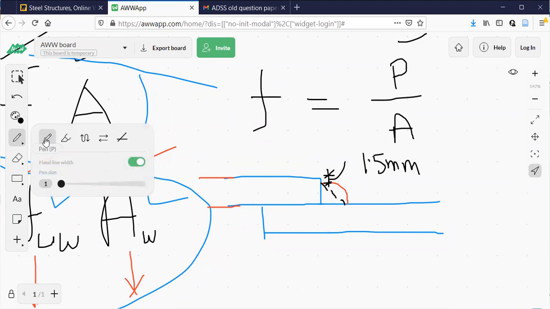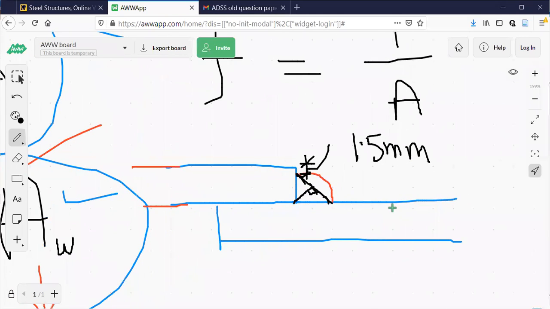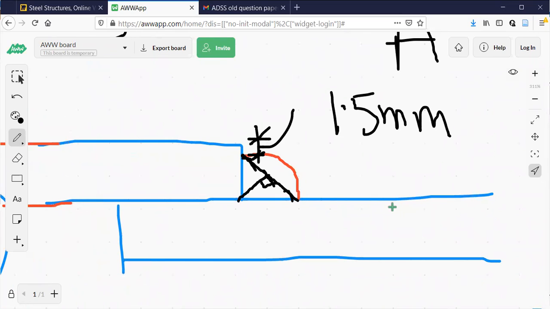So here, I'll do like this. Even though it is dotted, I'll show it full here. See, it is connected here. Then you draw this line like this so that this angle is 90 degrees. So this is an enlarged view of the cross section of the weld.